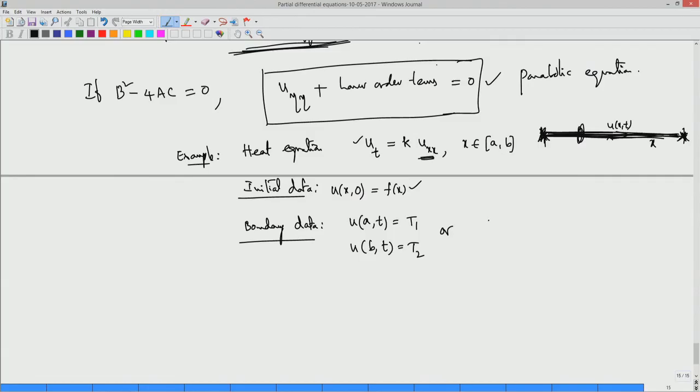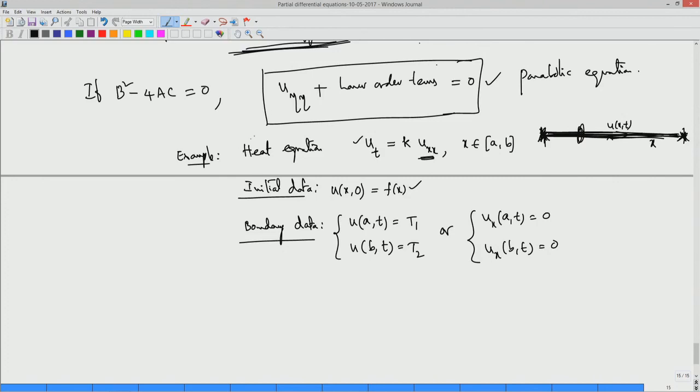Or you can provide the zero flux boundary condition, the insulating rod: u_x at (A, t) is 0 and u_x at (B, t) is also 0. Either this or this you can give as boundary data.